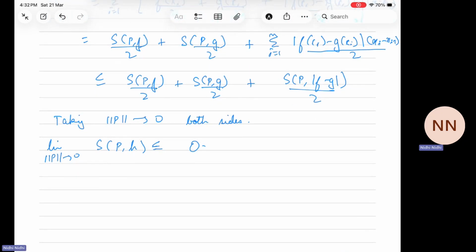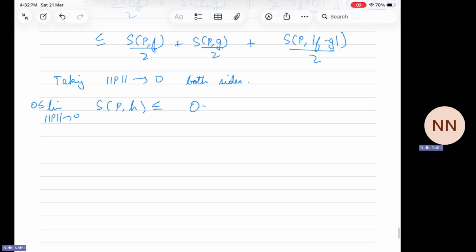And since S_P(h) is always positive, we get the limit as norm P tends to 0 of S_P(h) is equal to 0. Therefore, the function h is integrable.